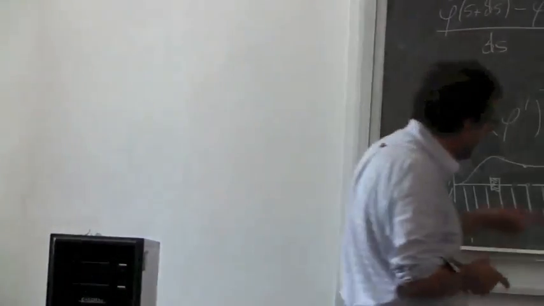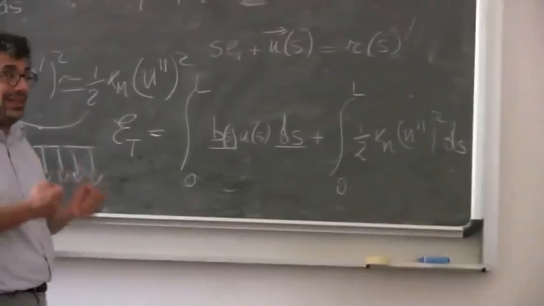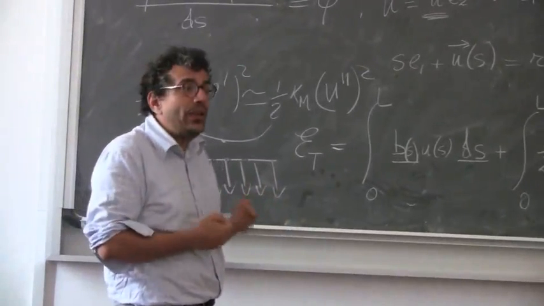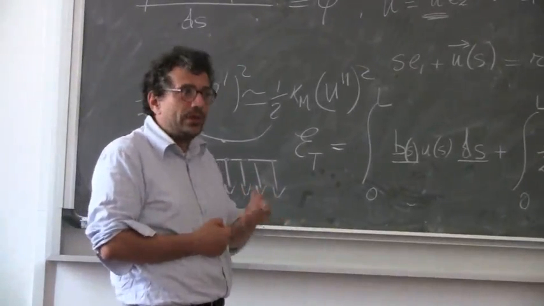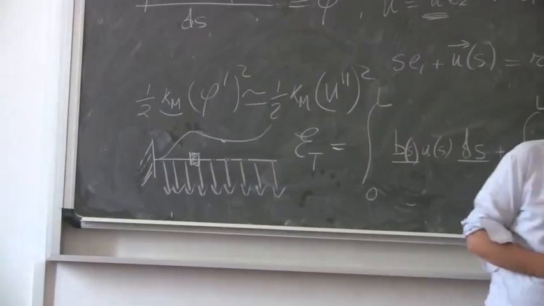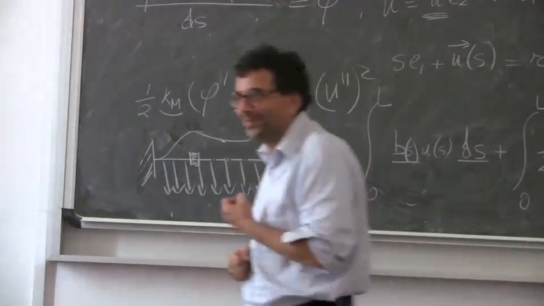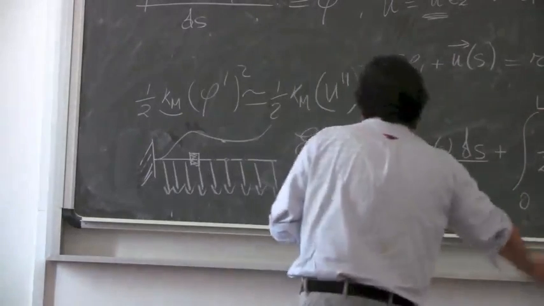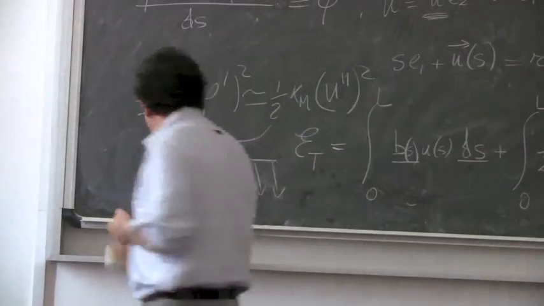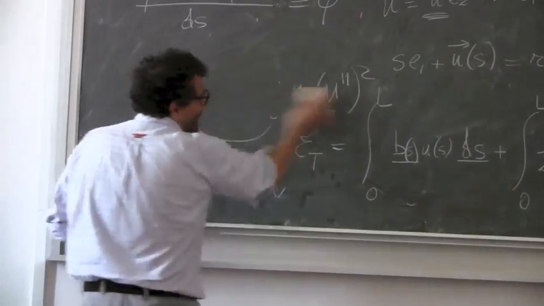So now we must find the minimum of this energy using the technique developed by Lagrange. If you feel too young, I repeat to you, you are much older than Lagrange when he solved this problem.